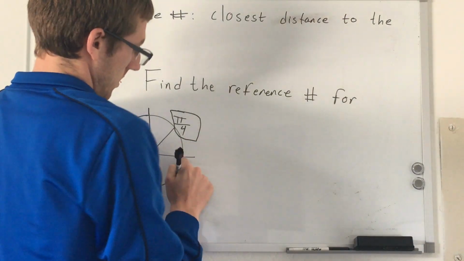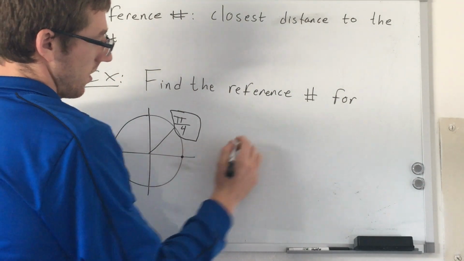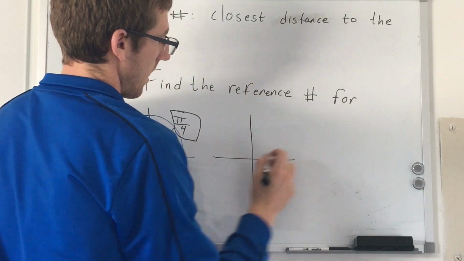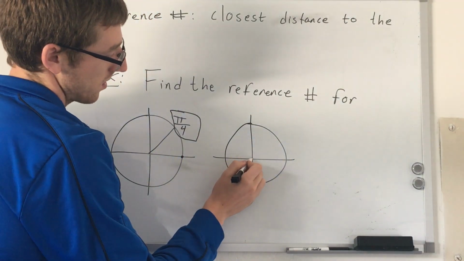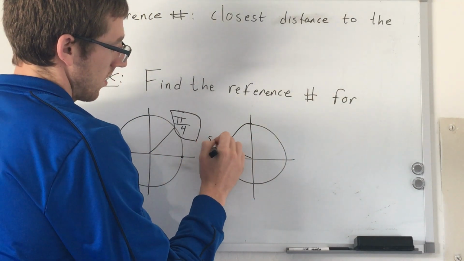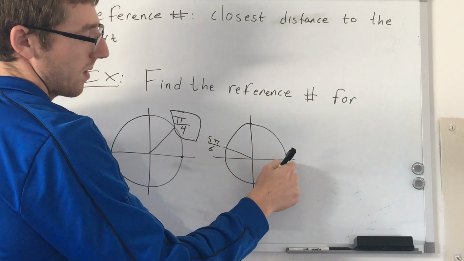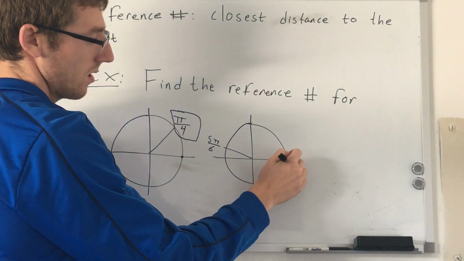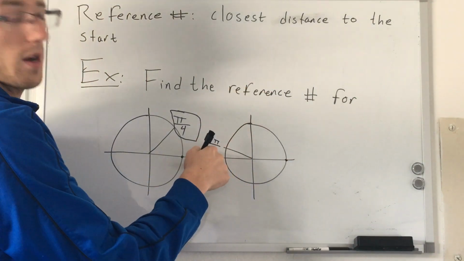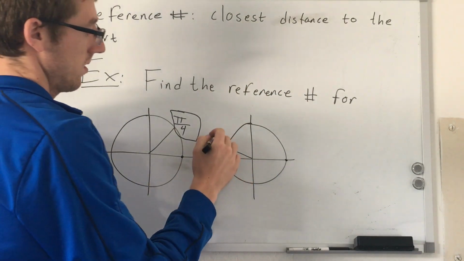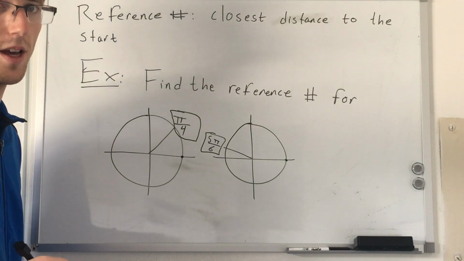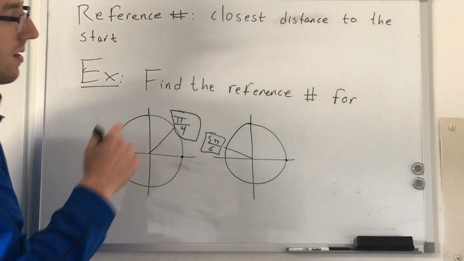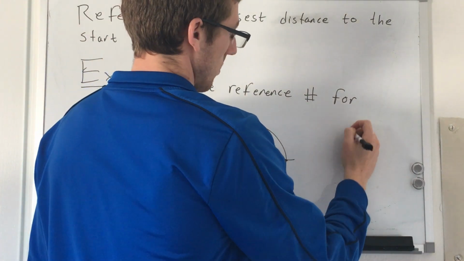Same thing here, because you're always going from this point here. If I'm at 5π over 6, where am I? 5π over 6 is over here. So how far away am I from the start here? Well, I'm just 5π over 6 away, right? So that's still the answer for that one. Now the next one, I think, was 21π over 4.